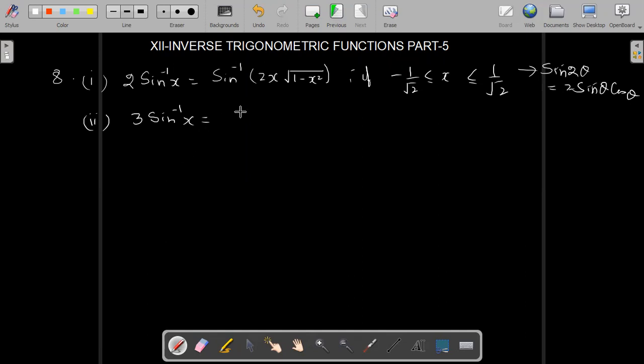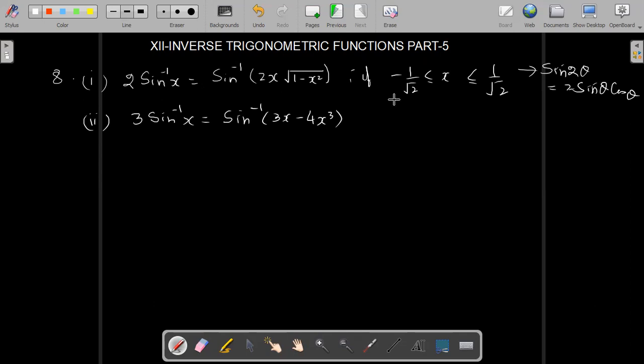Now 3 sin inverse x: you know that sin 3 theta is equal to 3 sin theta minus 4 sin cube theta. So it will be, again taking only the first part, sin inverse of 3x minus 4x cube. So first of all, whenever a number, 2 and 3, is outside, 2 and 3 will be taken inside like this.